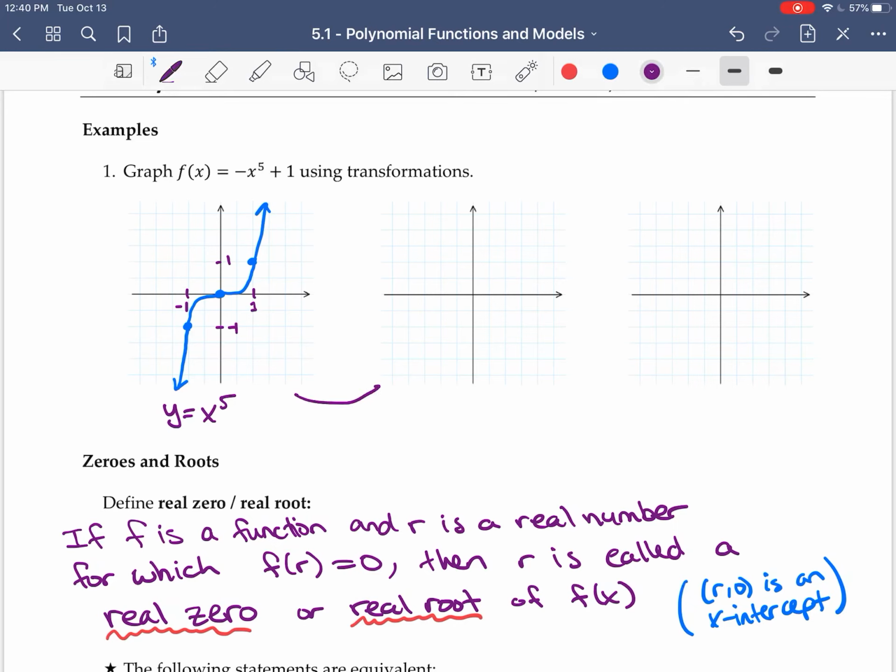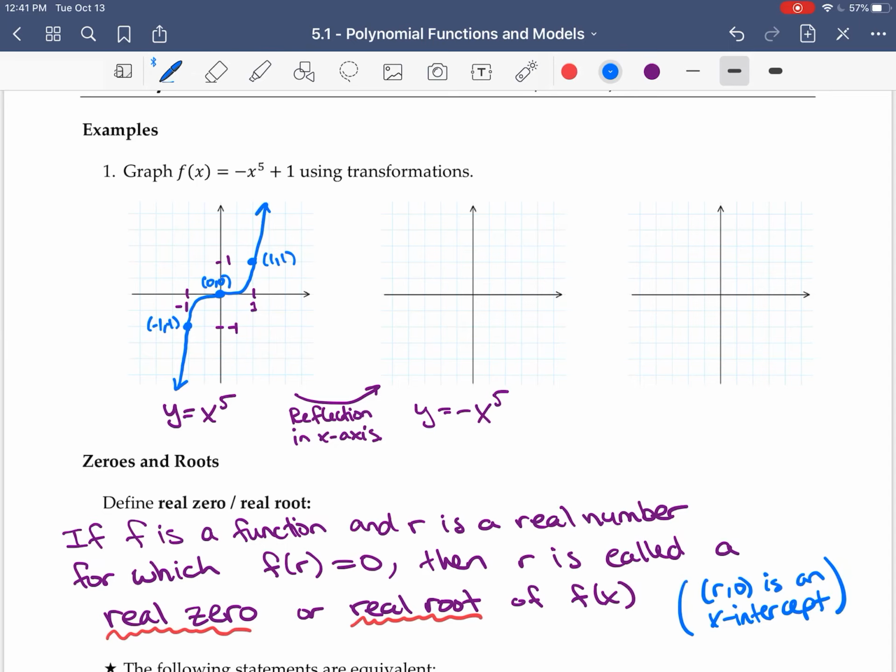Now our next step, we want to do the negative. So it's going to be negative x to the 5. This is going to be a reflection in the x-axis. Here I had points 1, 1, 0, 0, and negative 1, negative 1.